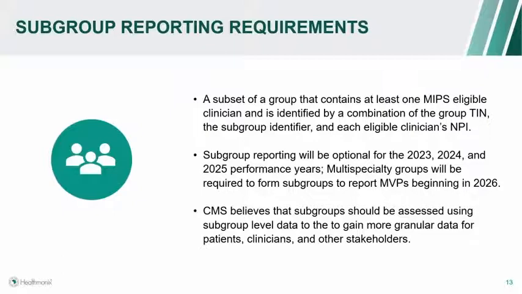Subgroup reporting will be optional for the 2023, 2024, and 2025 performance years. And multi-specialty groups will be required to form subgroups to report MVPs beginning in 2026. The goal of creating subgroups is to allow CMS to gain more granular and comparable data for patients, clinicians, and other stakeholders.